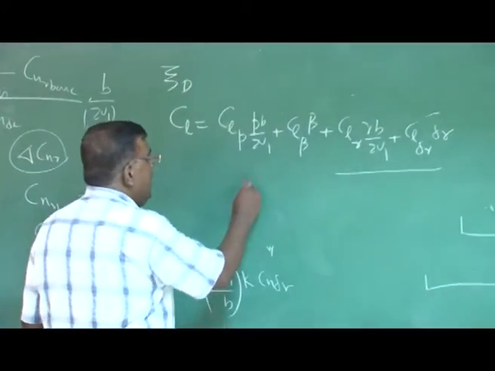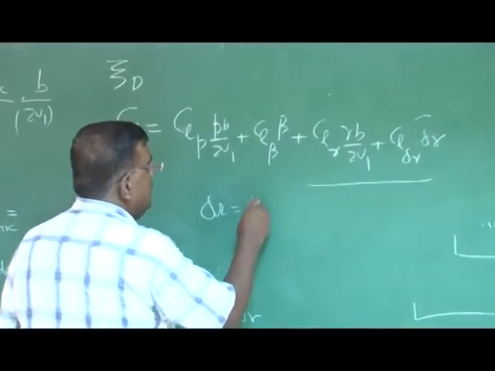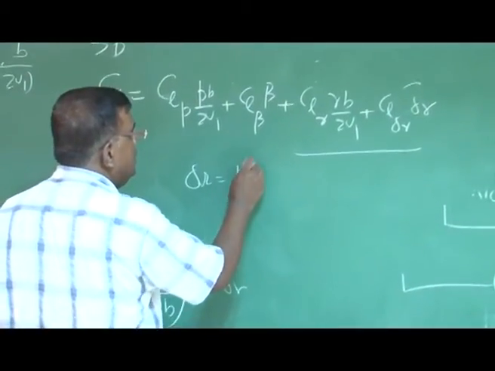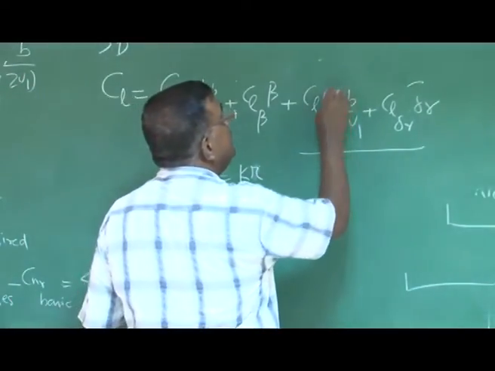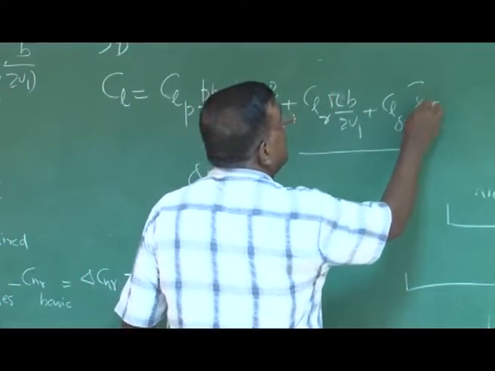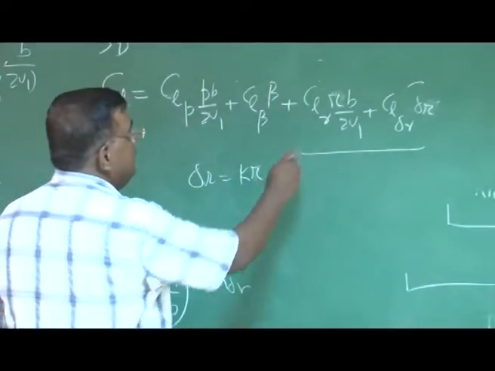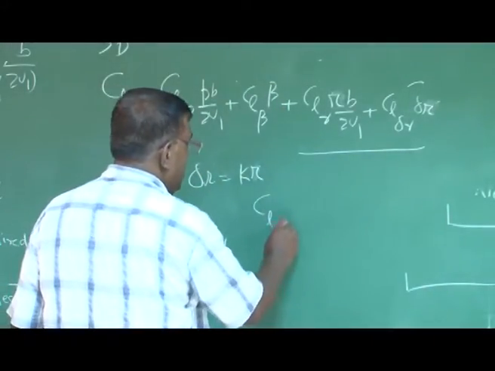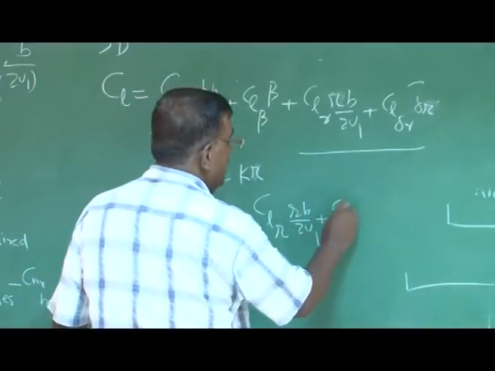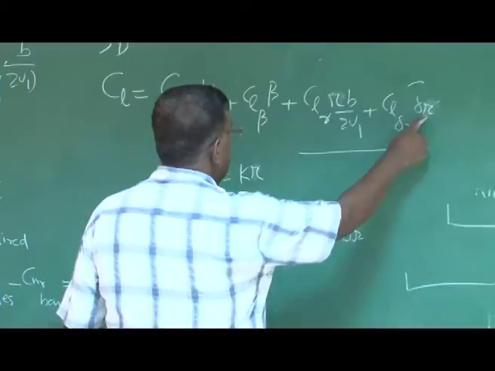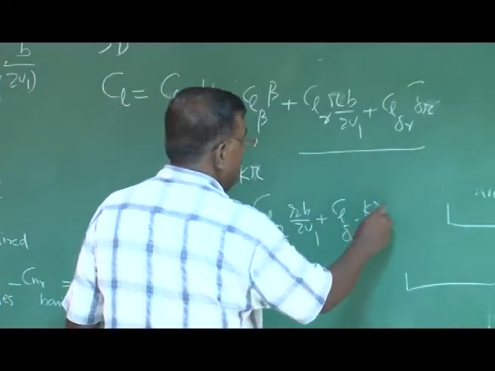We are putting delta R equal to KR, this R, the same notation, don't get confused, this is R and this is R, okay? So then check out here, it is CLR into RB by 2U1 plus CL delta R into, for delta R you write KR.